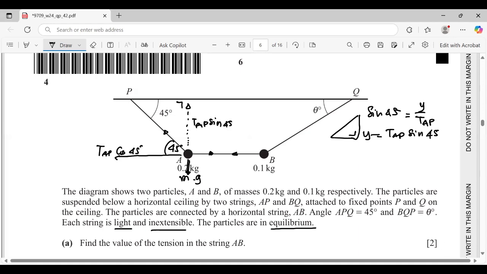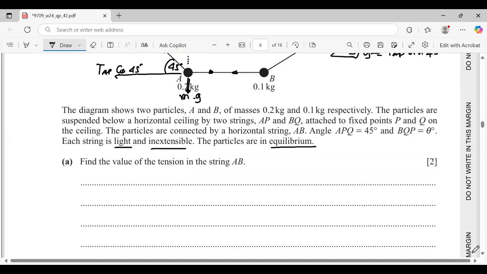But we are going to concern ourselves with tension AB. Through this diagram, we can state that tension AB sine 45 equals m times g cosine 45.